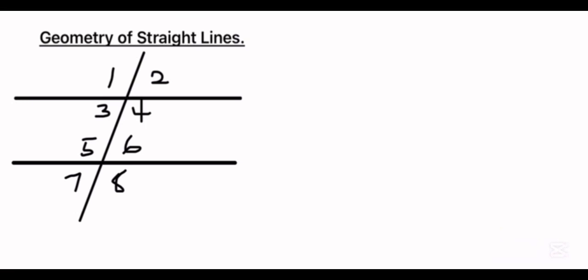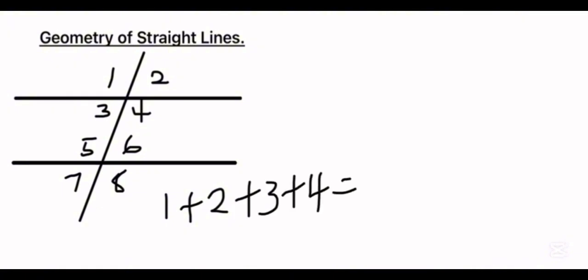Now, let's see, what else do we have? Now, what is the relationship between angle 1, 2, 3, and 4? Now, we are going to say angle 1 plus angle 2 plus angle 3 plus angle 4 is equal to 360 degrees. Do you remember why?